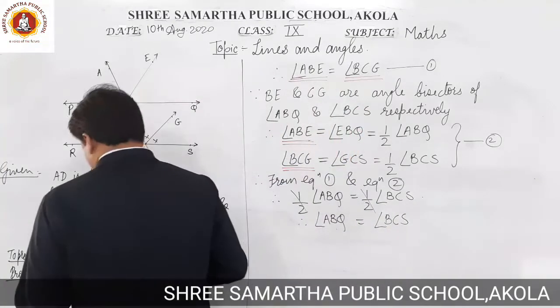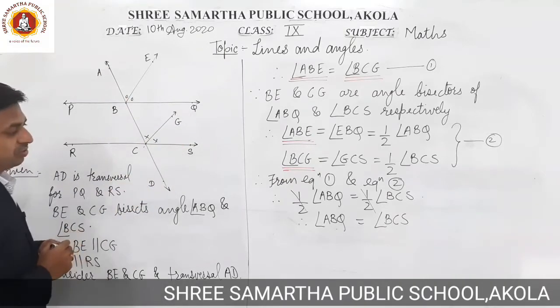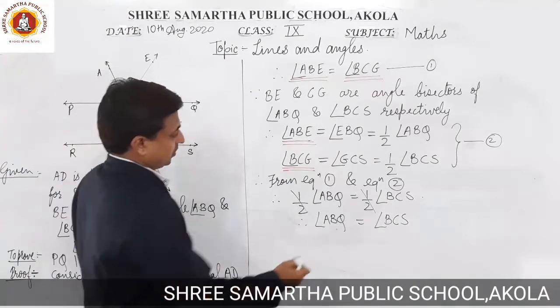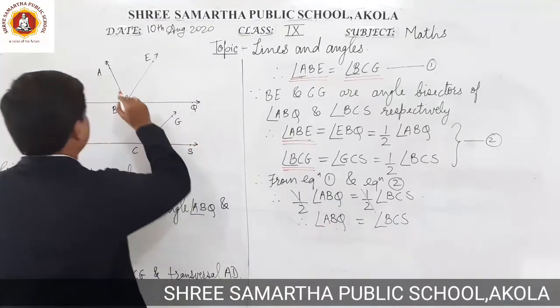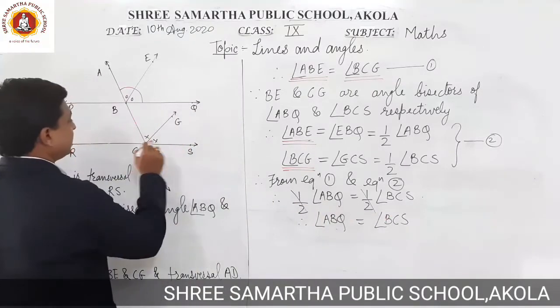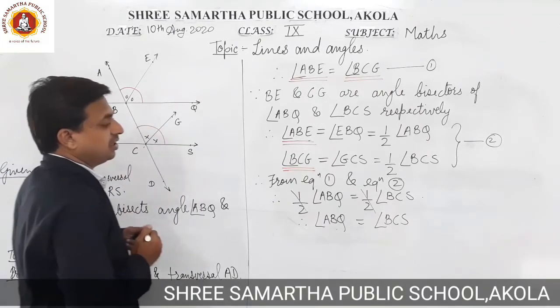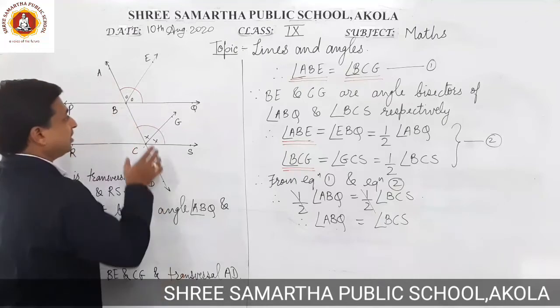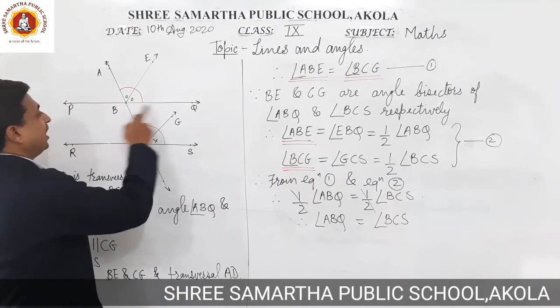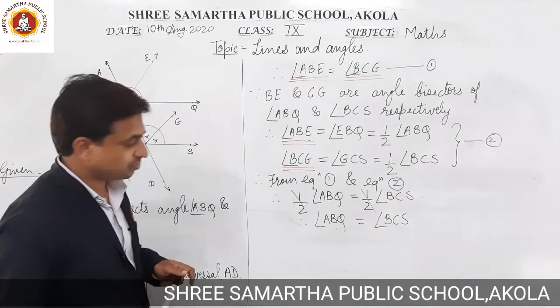Now we have got this complete angle ABQ is equal to this complete angle BCS. So these two angles are equal. Now these two angles are nothing but corresponding angles for lines PQ and RS and transversal AD.